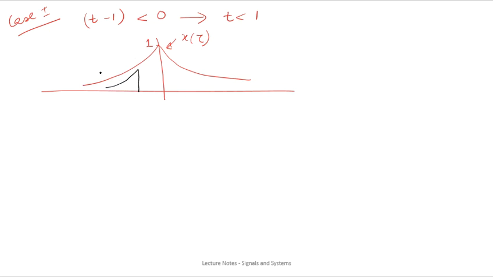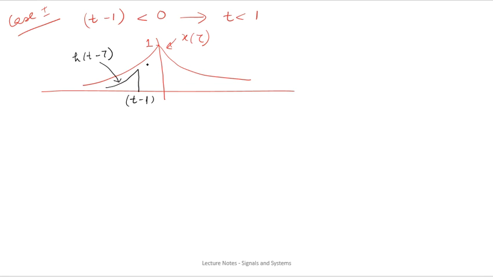So this waveform is h of t minus tau for the case where t minus 1 is less than 0. The waveform will be something like this, obviously towards the left hand side of the origin.